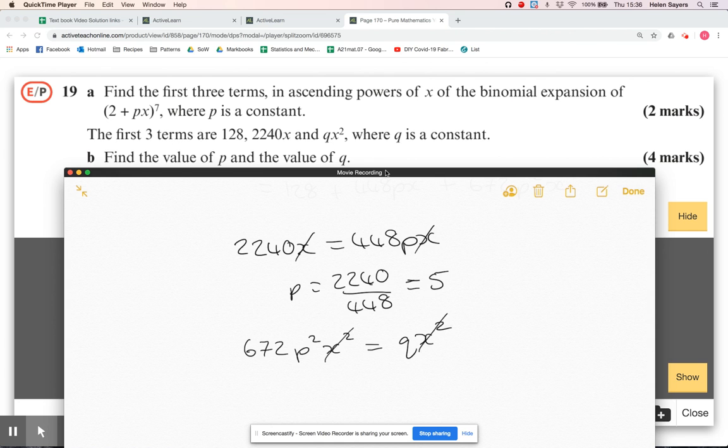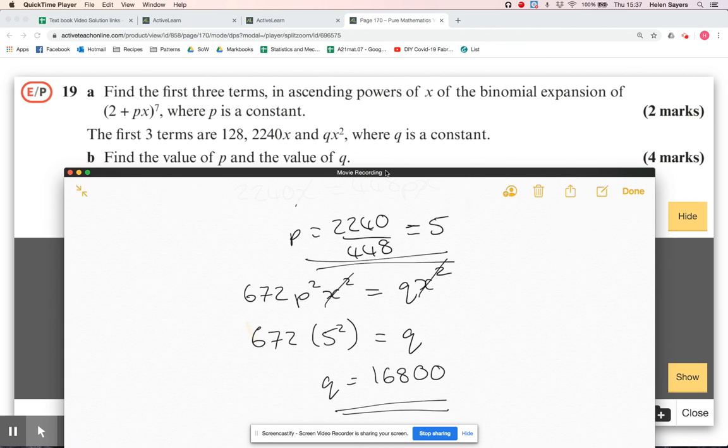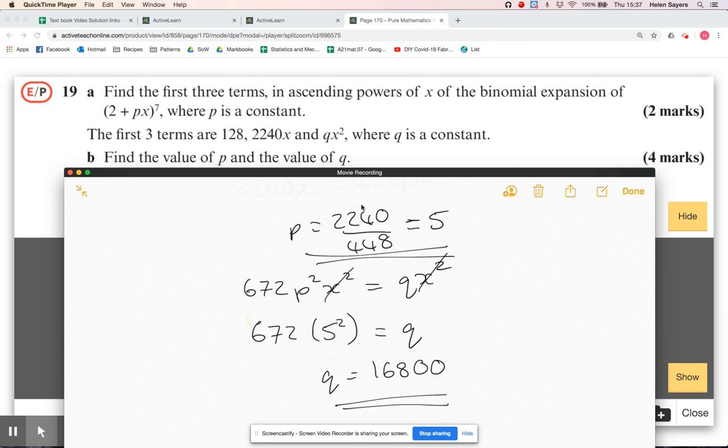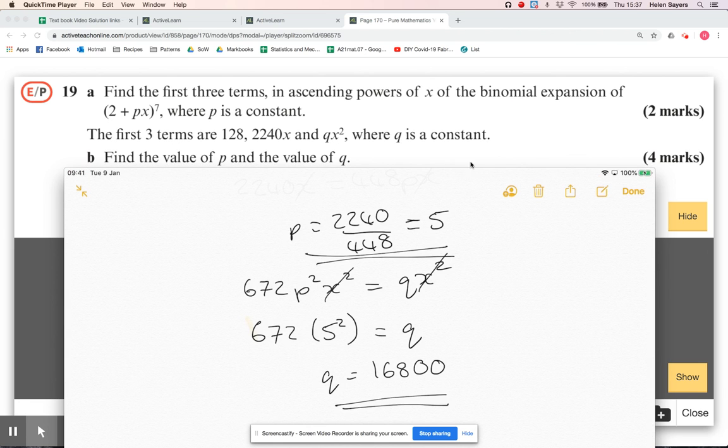So I know that p is 5. So that's going to be 672 times 5 squared. So 25 times 672. So that's giving me q is 16800. So there's my answer for p, and there's my answer for q.